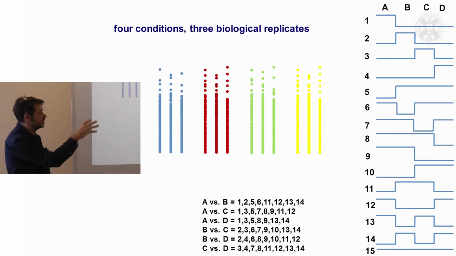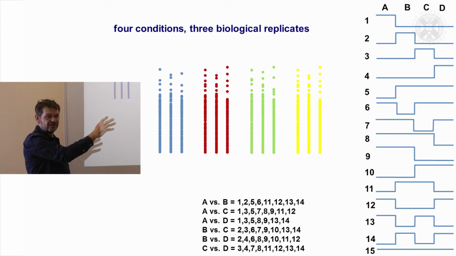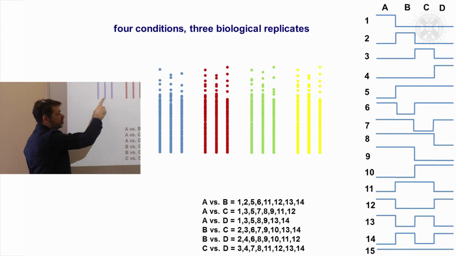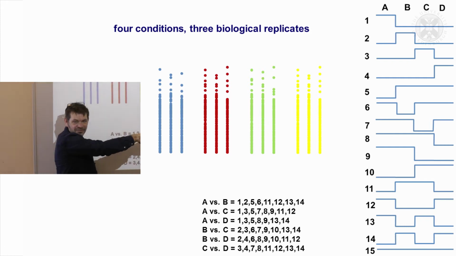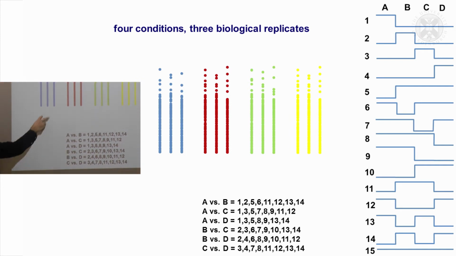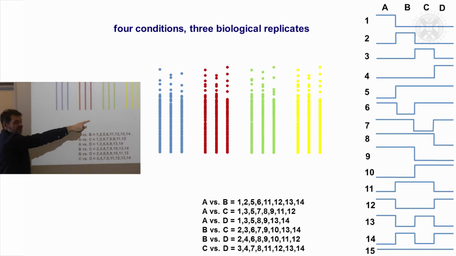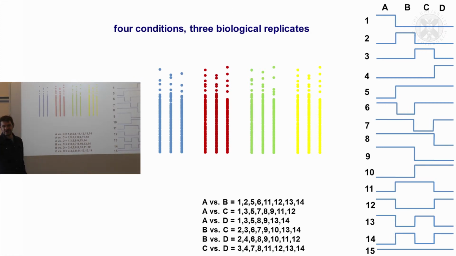So when you get to this still relatively simple level of complexity, there's a lot of things. The other thing to mention is this is assuming that all your replicates replicate. That's the number of patterns that you would get if all 3 of your replicates were really tight. If you assume that there's variation between them, then the number of patterns you can potentially have in a data set becomes astronomically large.